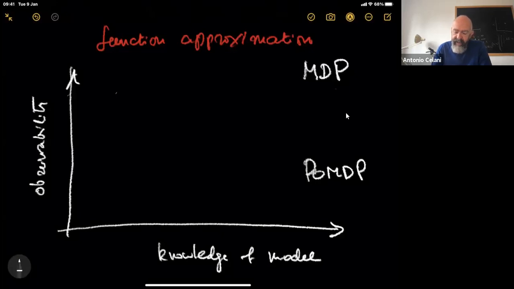You might remember that the gray area in between tries to address the problem of decision making when the state space is not entirely accessible. We also discussed approximate dynamic programming.